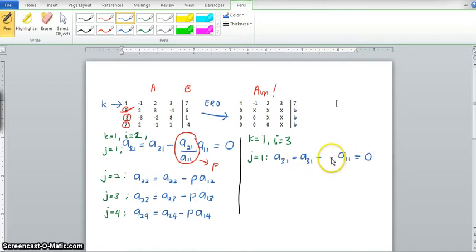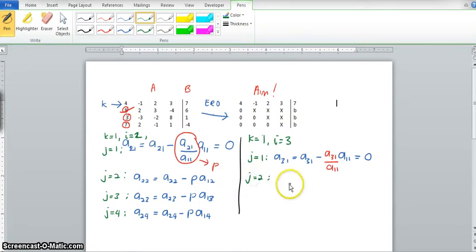So what is P? P is A31 over A11. So this is P, for k equals to 1, I equals to 3. We can use the same formula for j equals to 2.